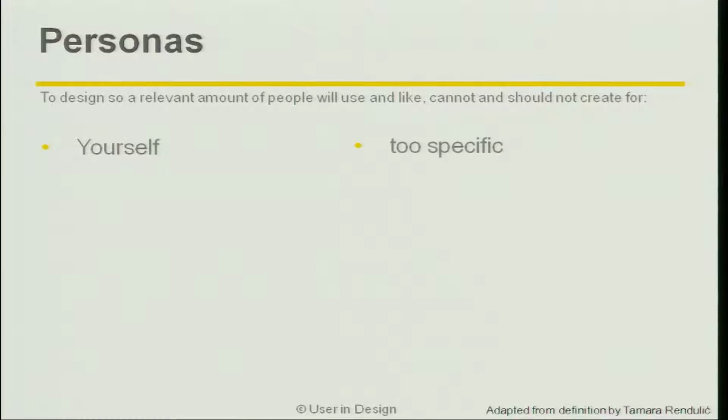Why is that? Again, if you create a design for yourself, you're going to be too specific because your worldview is very limited. You need to get a bigger worldview, a richer worldview, a better worldview. So if you design for yourself, it is too specific. If you design for everyone, it is too generic.